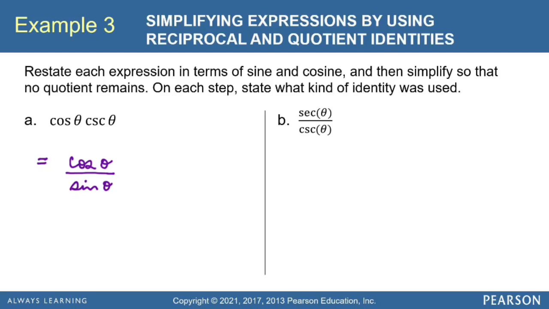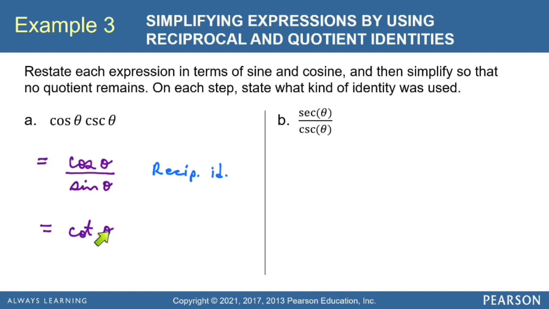Now, what kind of identity did we use to make that move? We used a reciprocal identity, so we just need to write that down. And now the instructions say simplify so that no quotient remains. Well, of course, this is a quotient because it's one thing divided by another thing. So this can't be left in this form. But we remember that we have an identity that says cosine of theta over sine of theta is equal to cotangent of theta.